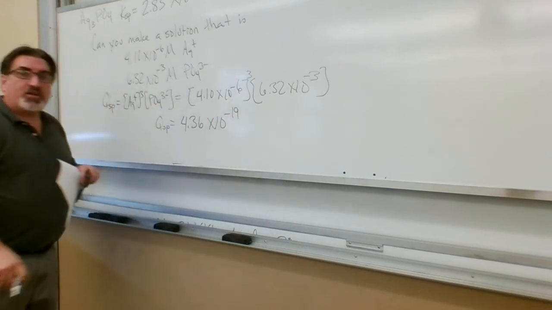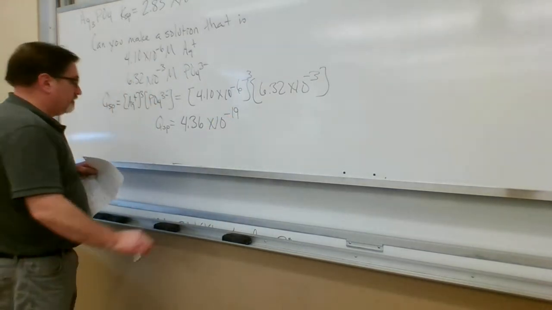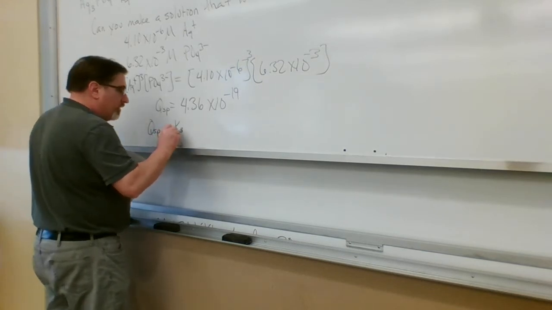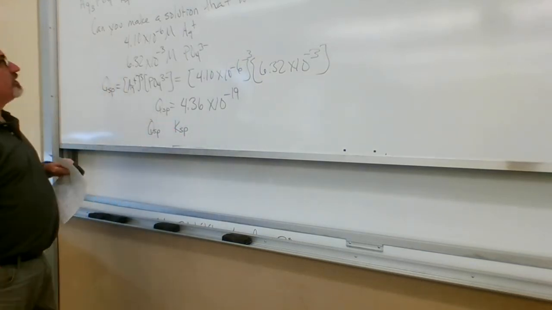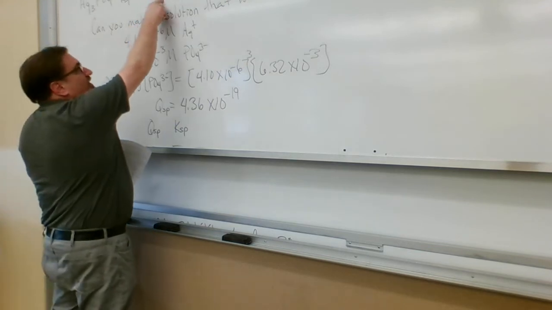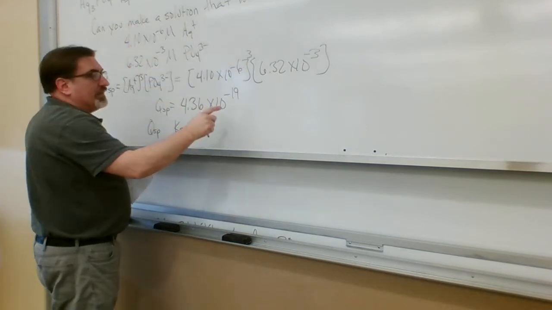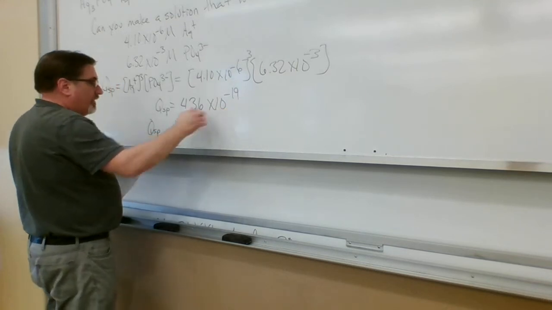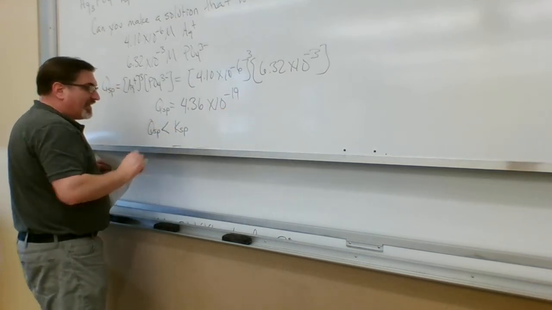Now we compare Qsp to Ksp. So Qsp compared to Ksp, which one is larger? 2.83 times 10 to the minus 18th is bigger than 4.36 times 10 to the minus 19th. Therefore, Qsp is less than Ksp.